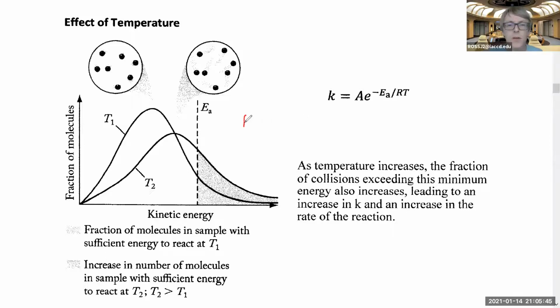So we know that rate, as we've seen previously with rate laws, is k, let's say it's bimolecular, let's say it's second order. So rate is rate constant times A to the second order. So we know that rate is proportional to the rate constant, which is this thing here. And we know that the rate constant is proportional to whatever A is.